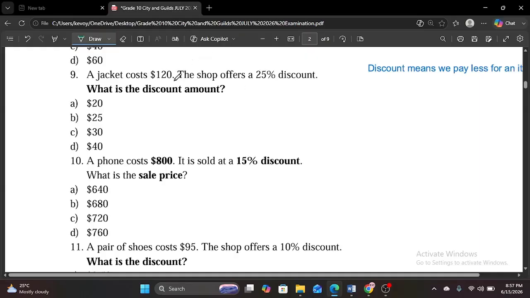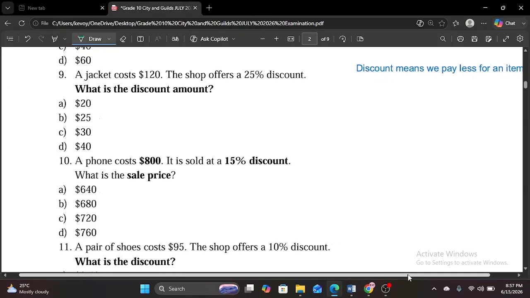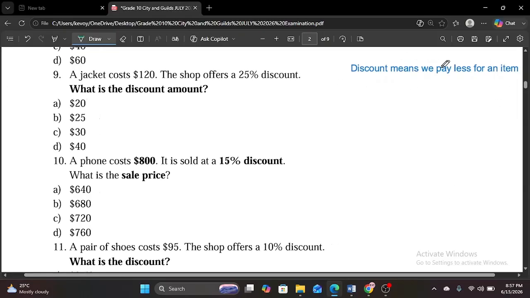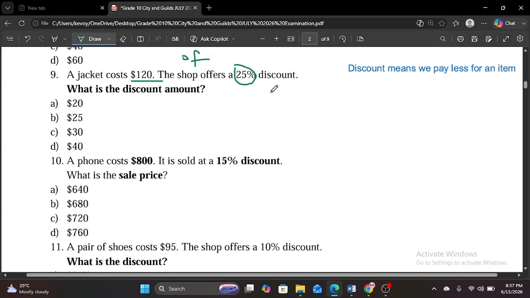So that means that we have to multiply. All right, so discounts mean that you have to pay less for an item. So we definitely have to subtract, but we have to find what is 25% off 120. All right, so we're going to just write that out so that we know that we're multiplying.